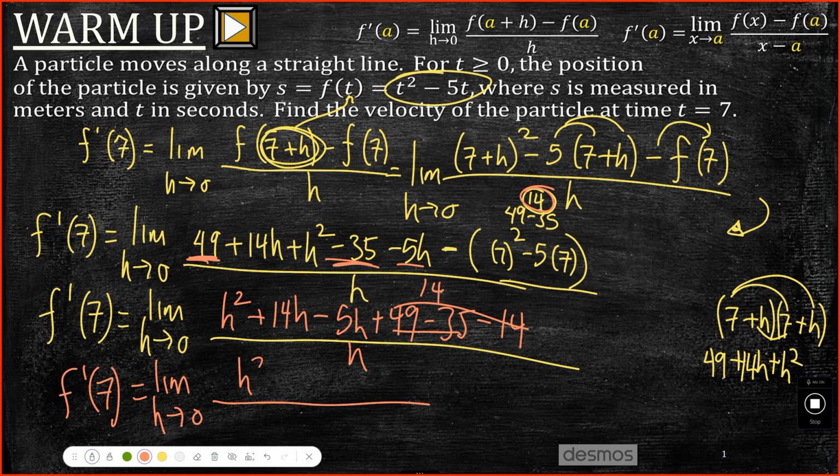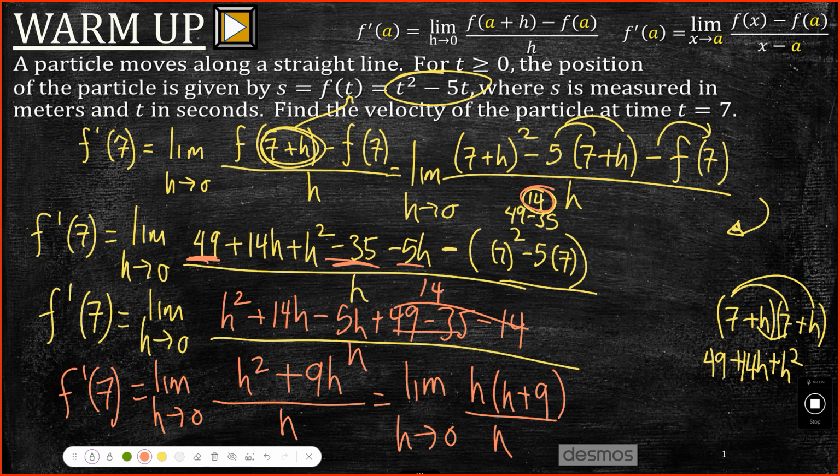So we have h squared plus 14 minus 5, which is 9h, over h. As we continue, we can factor out an h on top. So the limit as h approaches 0 of h times h plus 9, over h. And now we can cancel out h and h on top and bottom.